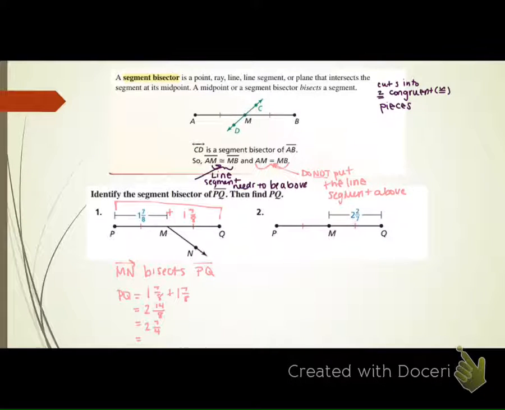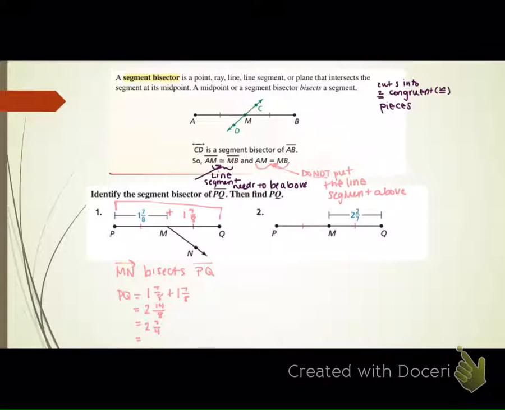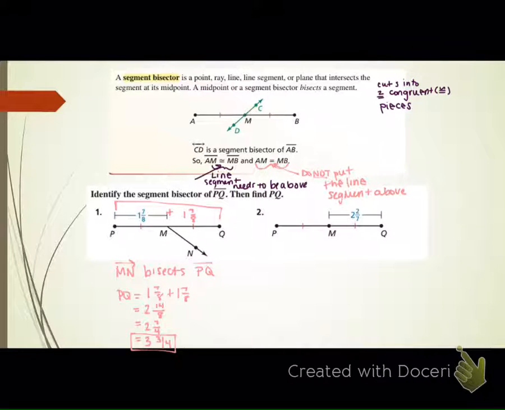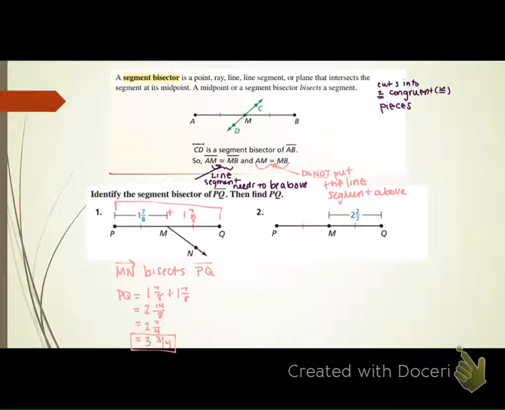Because I divided top and bottom by 2, so 14 divided by 2 is 7, 8 divided by 2 is 4. So 4 goes in there once with 3 remaining, so that's 3 3/4. Use your calculator for that. Literally type in 1 ABC 7 ABC 8 plus 1 ABC 7 ABC 8, or use your beautiful square over square button, right? You do not need to know that.